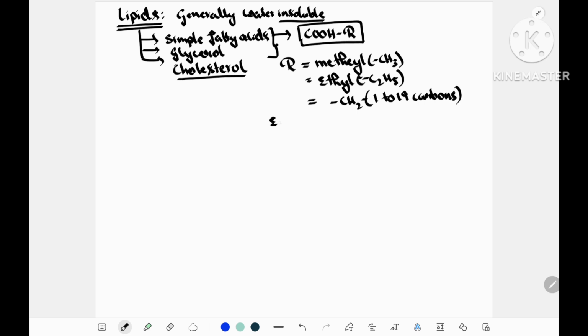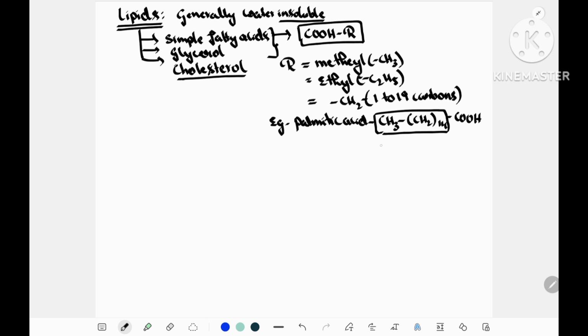For example, in palmitic acid, the number of CH2 groups is 14, and the formula is written as CH3 (CH2)14 COOH. Here this is the R group, and this R group contains 14 CH2 groups and 1 CH3.